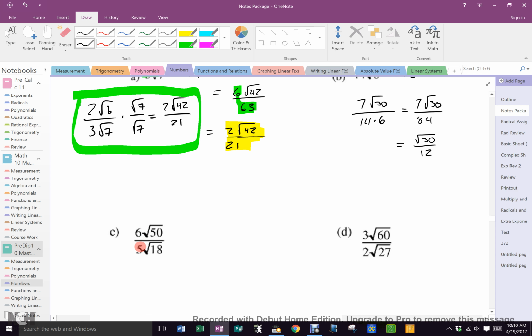be able to do with this? You know you could multiply by 18, yes? But then you would get, I'm going to work over here because this isn't where I really work, right? Could I multiply by root 18 over root 18? Yes or no?